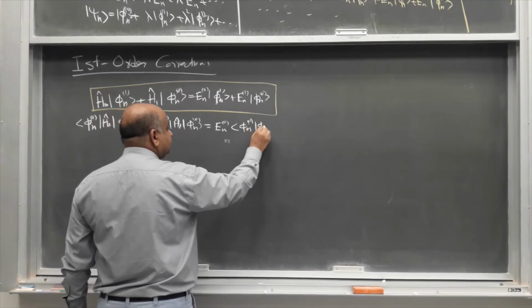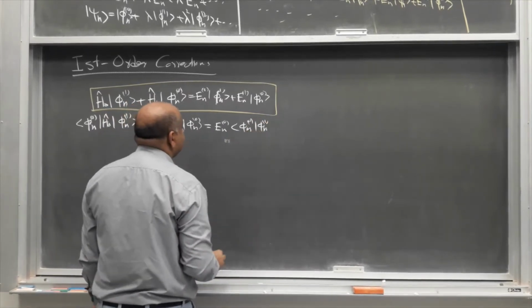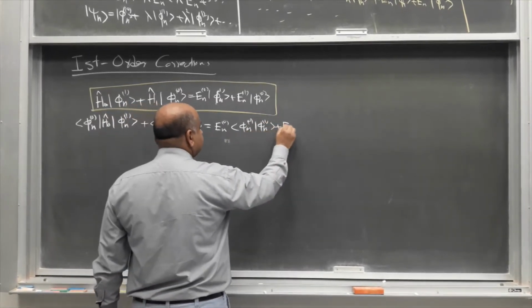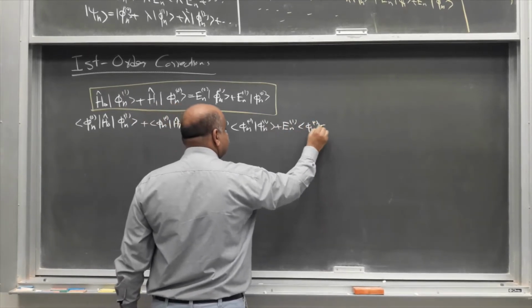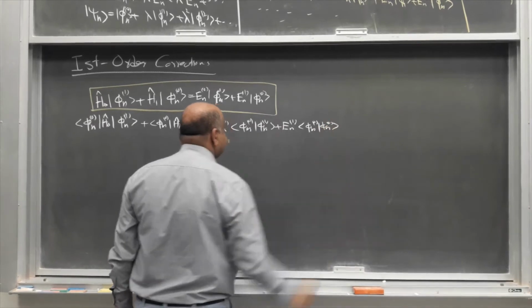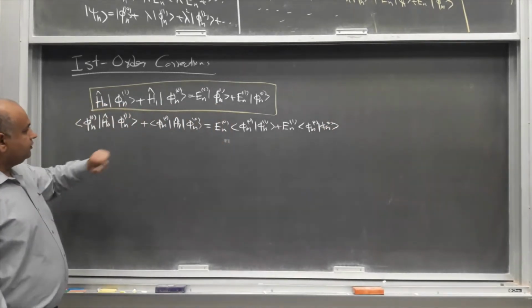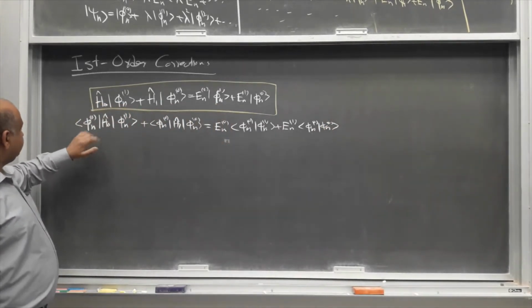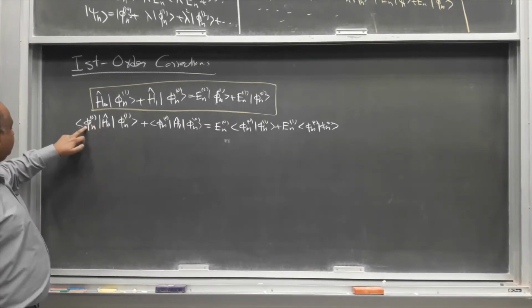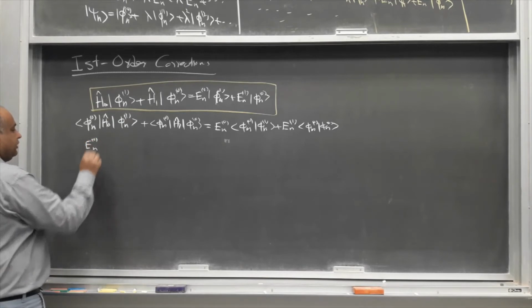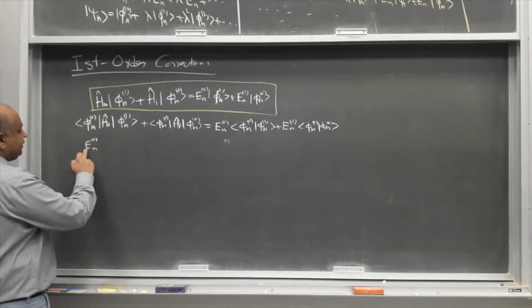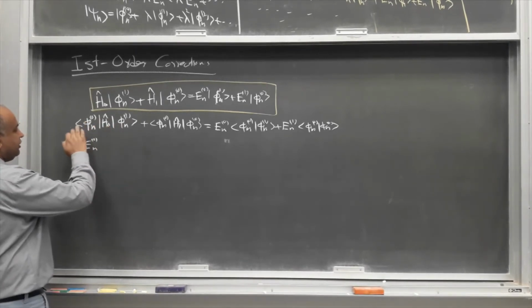Phi n0, phi n1 plus En1, phi n0, phi n0. So here, first of all, I see that this H0, when applied to phi n0, will give us simply En0. This is a Hermitian operator, so it gives the same eigenvalue whether it applies here or here.